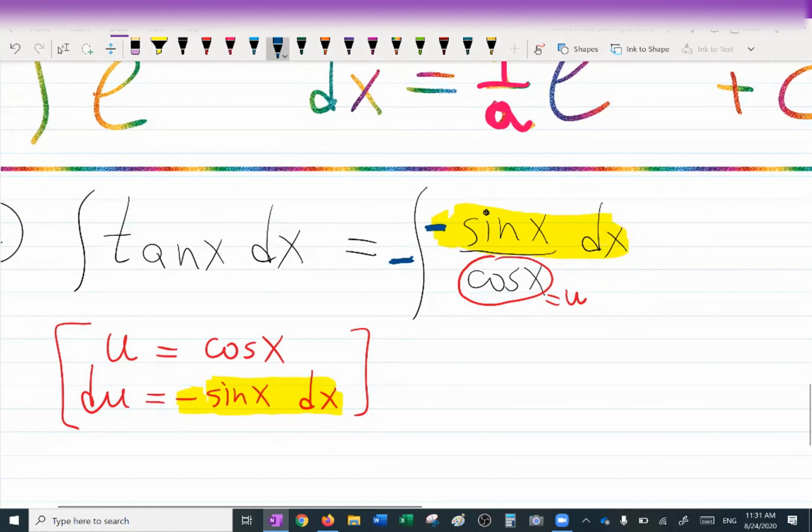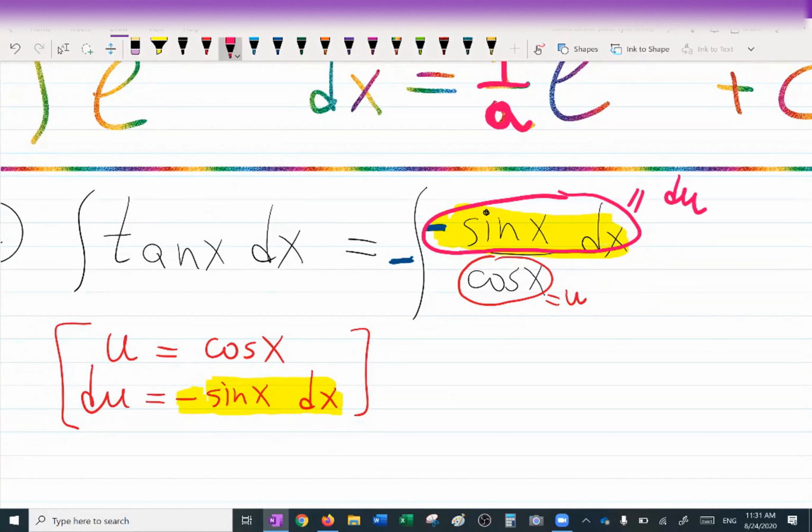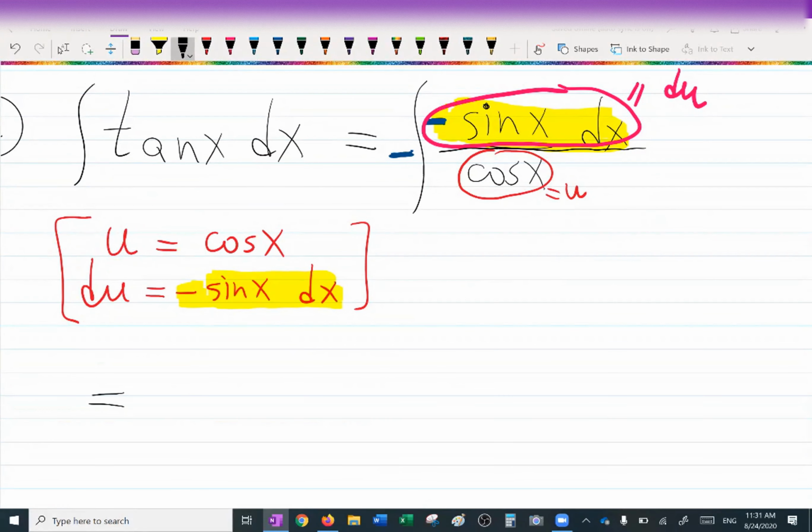If now I have minus sine x at the top, then the whole top piece, which is the numerator of that fraction, can now be called du. And I have a new integral to work with. The new integral becomes minus in front, a huge integral with du over u.